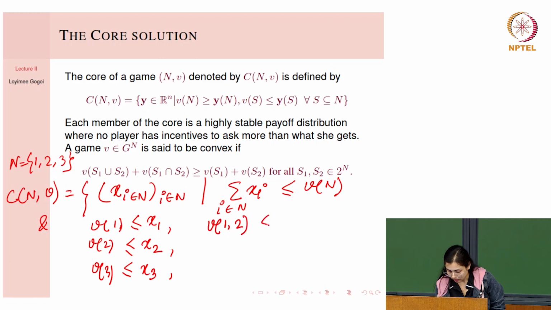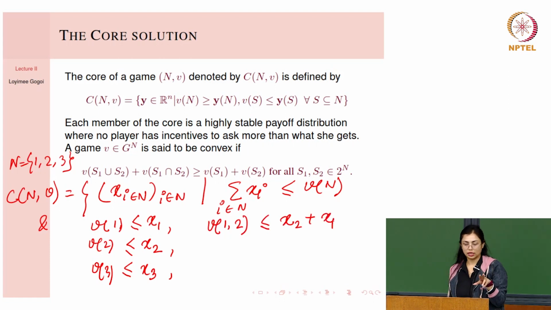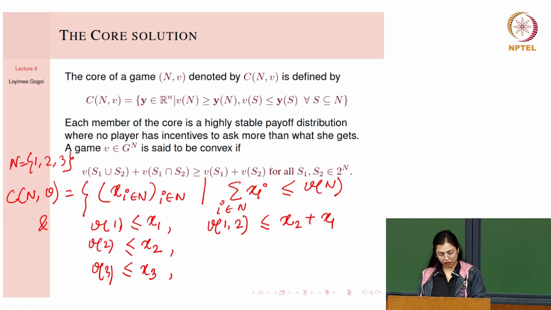And when the summation of the core allocation for players 1 and 2 together, it should be greater than or equal to what they are generating together, 1 and 2.